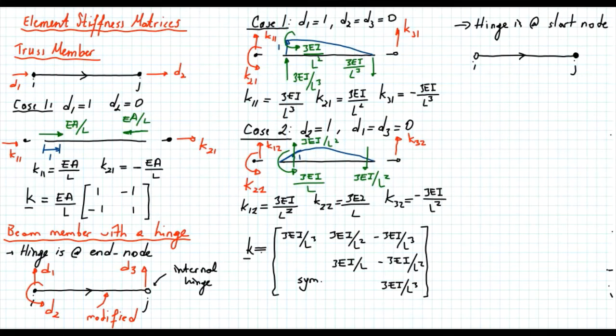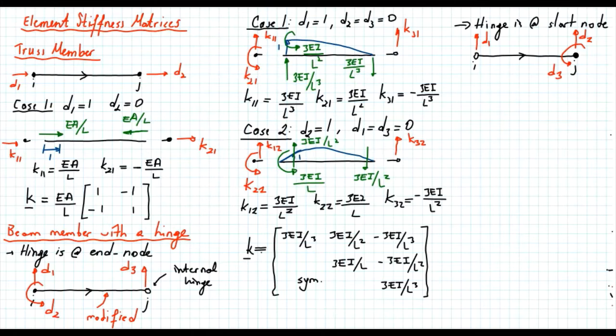Let's show the degrees of freedom. That one is D1. No rotation degree of freedom this time at the start node. D2 and D3. So you'll repeat the same procedure. I will not do it again. I'll just give you the stiffness matrix and write down all the cases.